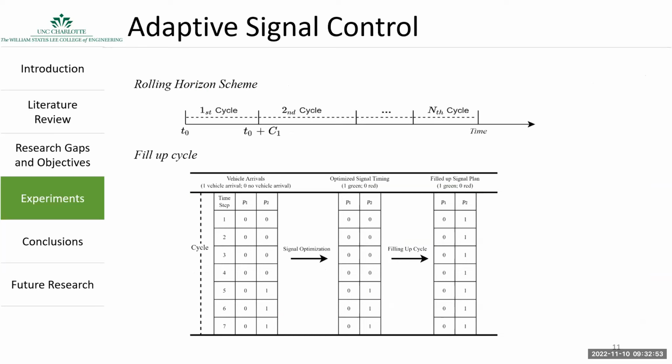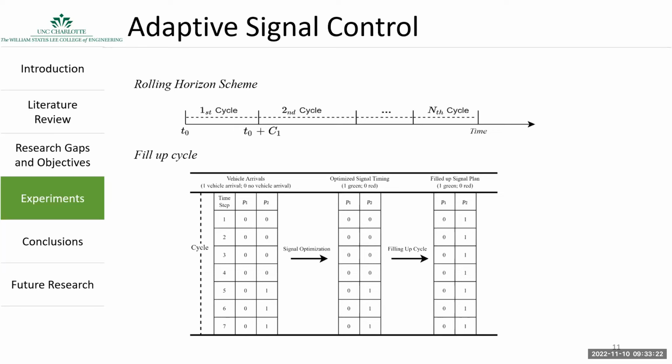That's the core logic for adaptive signal control, and other than that, I use the rolling horizon scheme to update the vehicle arrival information. The interval is the cycle length. For filling up a cycle, when I was doing the experiment, I found that when there are few vehicles in front in the minor intersection, the signal can switch very frequently, and I think this might cause some problems like extra wear for the signal display equipment.